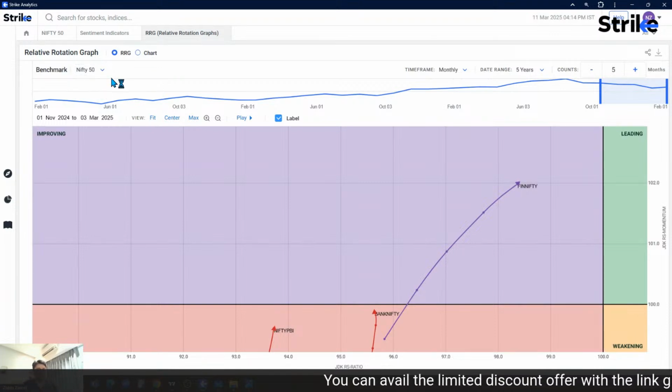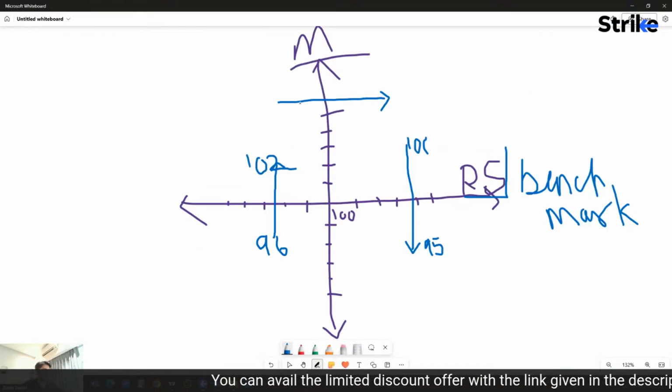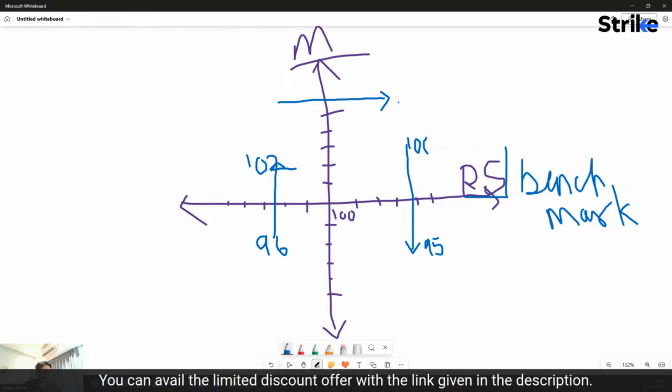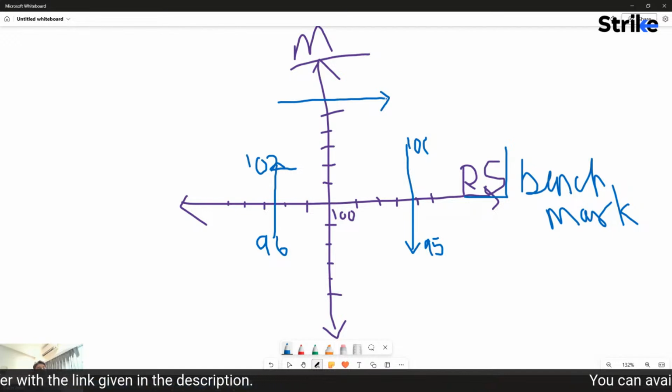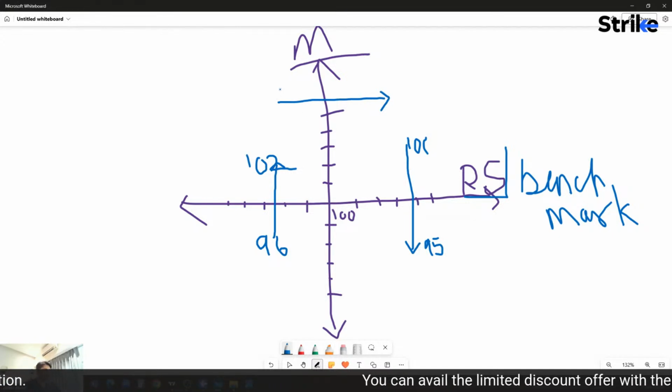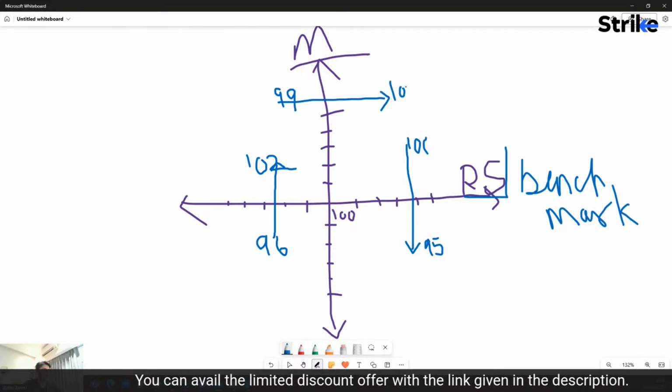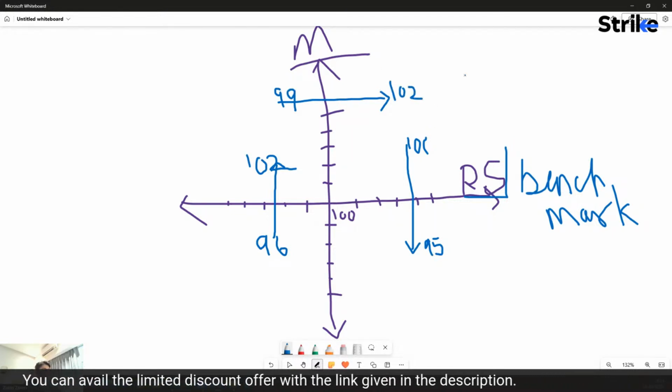All right, so what this means is, when the arrow is sloping towards the right hand side, this particular index is outperforming the benchmark Nifty 50. It is outperforming. So what is happening? From maybe 99, the arrow's next reading is going to 102, something like this.